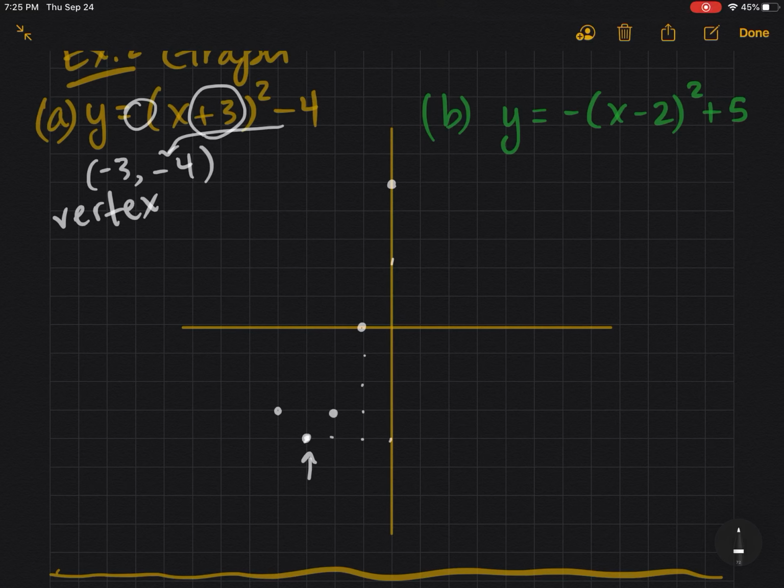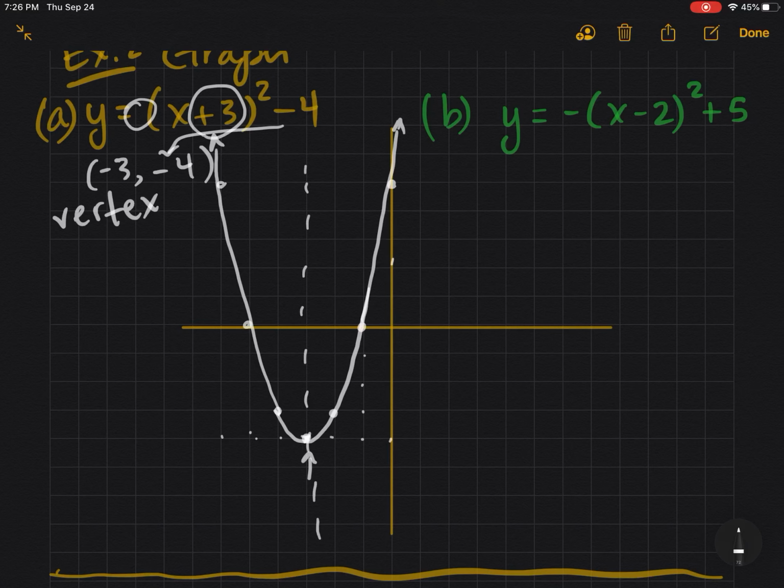And do the same thing on the other side. 1 squared is 1. 2 squared is 4. 3 squared is 9. And this is the same exact shape. But instead of going to the origin, I just kept going back to our vertex.